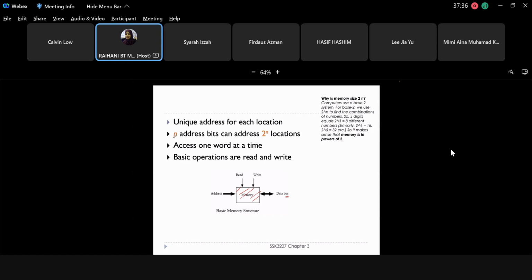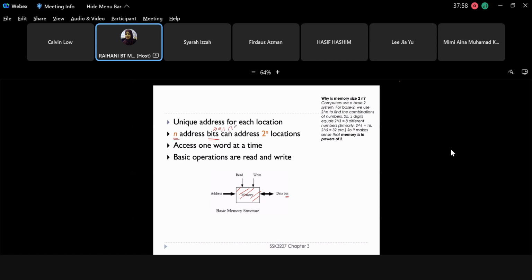Okay, so N here refers to the address bit. Address must be in bits. Bits here will be 0, 1, like this.